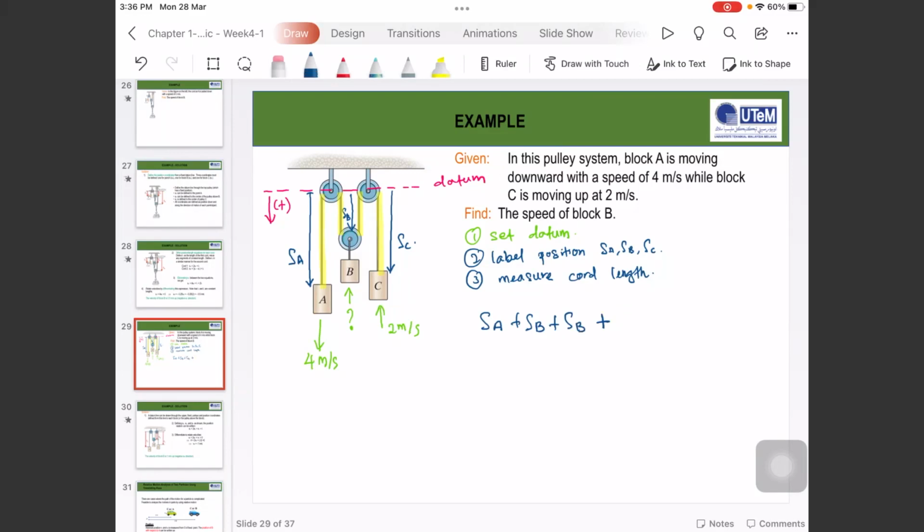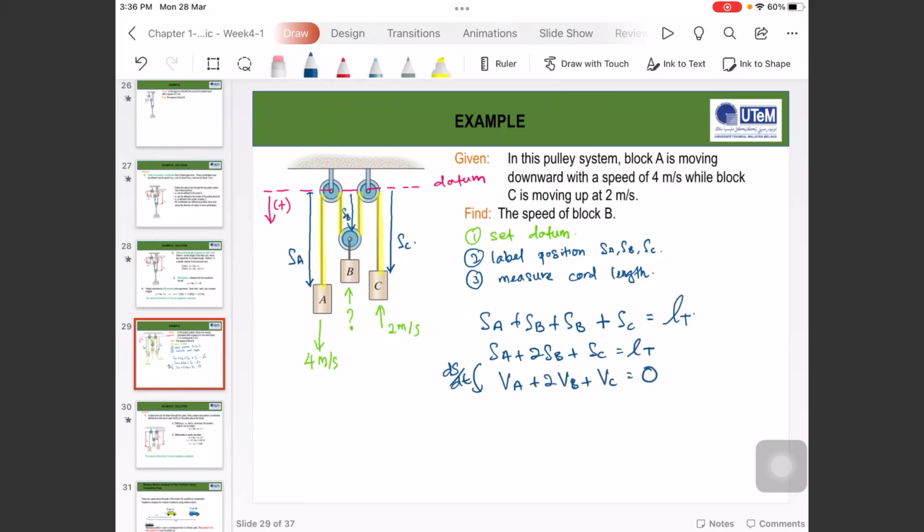Okay, SC is equal to the length of the rope, right? So simplify, you get SA plus 2SB plus ST. Differentiate kan over time, you will get VA plus 2VB plus V0.